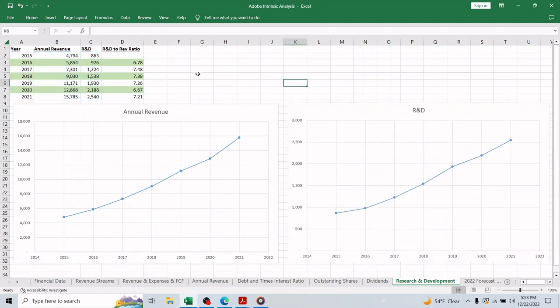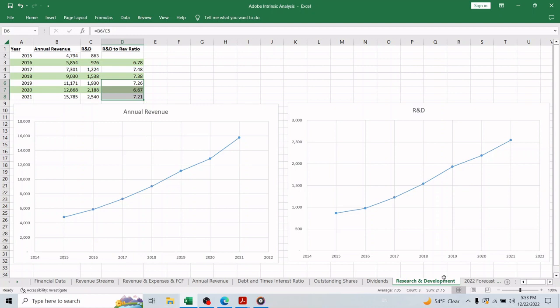So in my opinion, there is a direct relation between the two, and the revenue depends on the research and development expense. We should use this ratio to forecast 2022 revenue, but to be conservative, we will use the average of the past 3 years, which is about 7.05. Which basically means every dollar spent on research and development will generate about $7.05 in revenue.